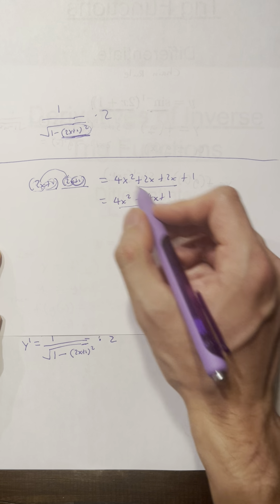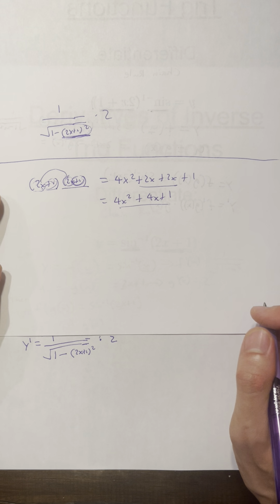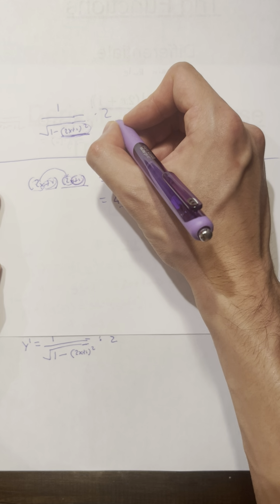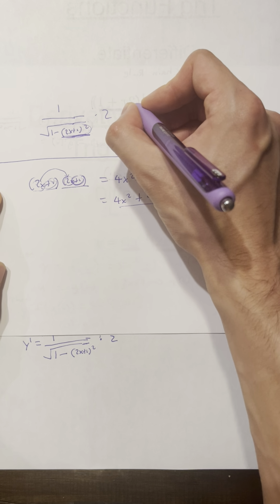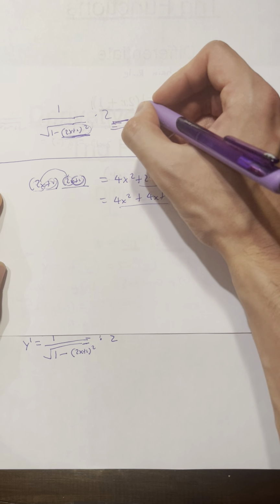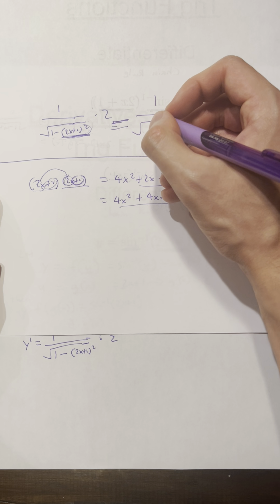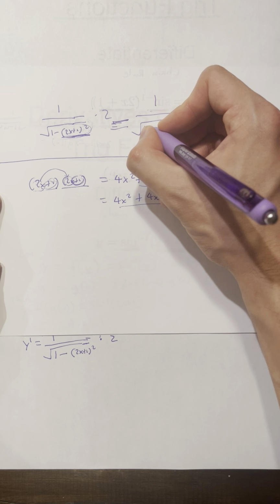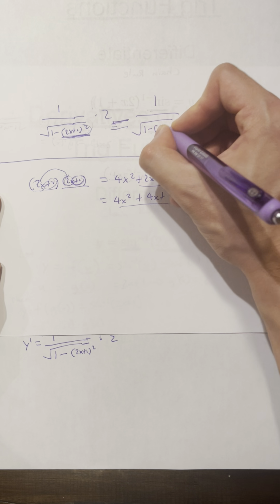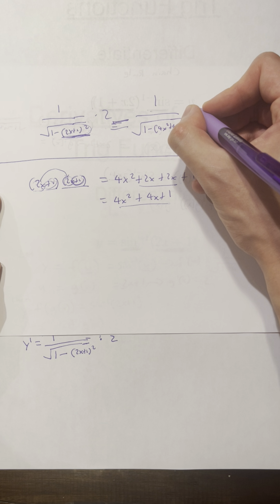So that's what 2x plus 1 squared is equal to. Let's go ahead and change it to that. Okay, that is equal to 1 over square root of 1 minus 4x squared plus 4x plus 1 times 2.